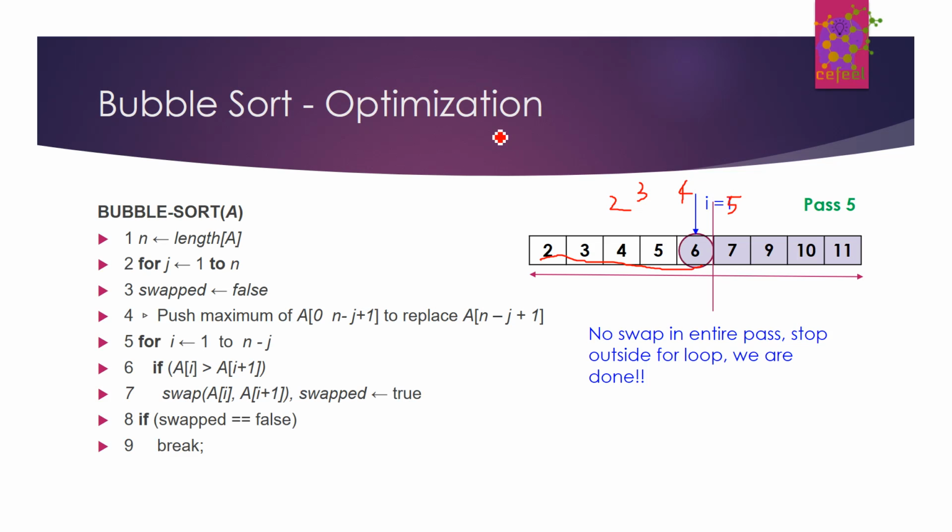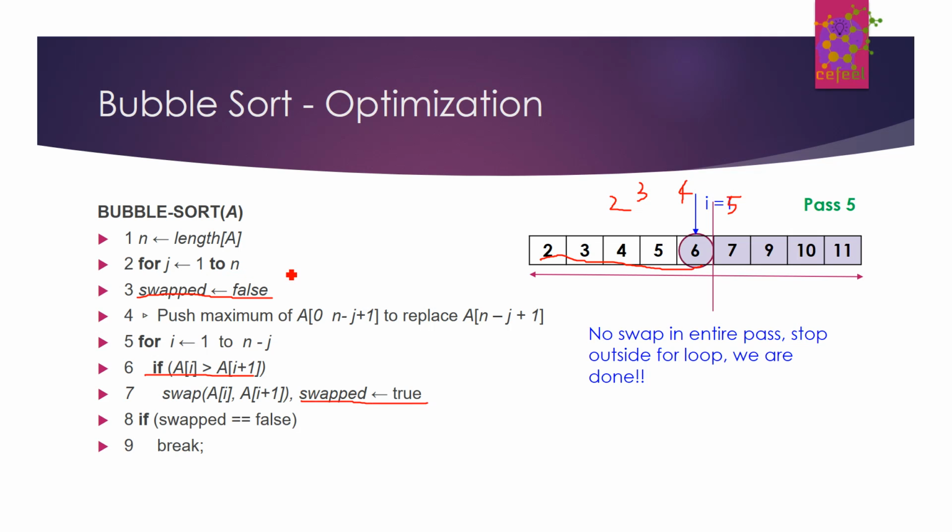So this is the modified bubble sort algorithm, which looks like this. Everything is the same, we just have an additional boolean variable, swapped, inside the outer for loop. We start with swapped is false, which means we say there are no swaps, and we go to the inner for loop. In the inner if condition, if there was a swap, then we change the value of swapped to true.